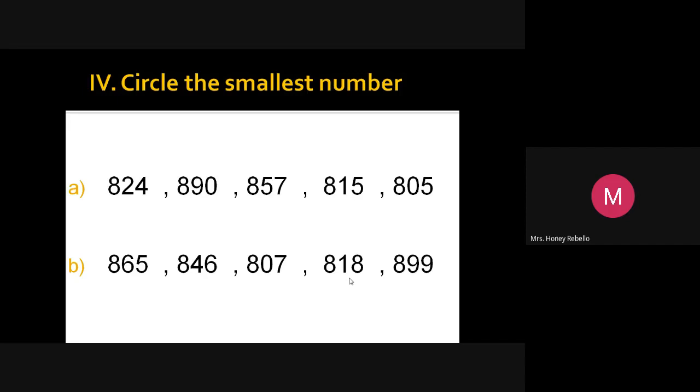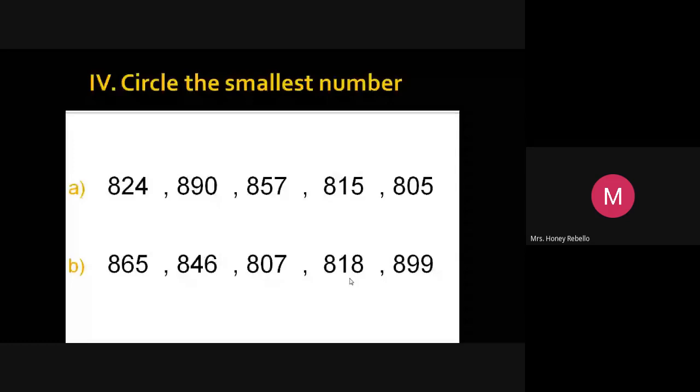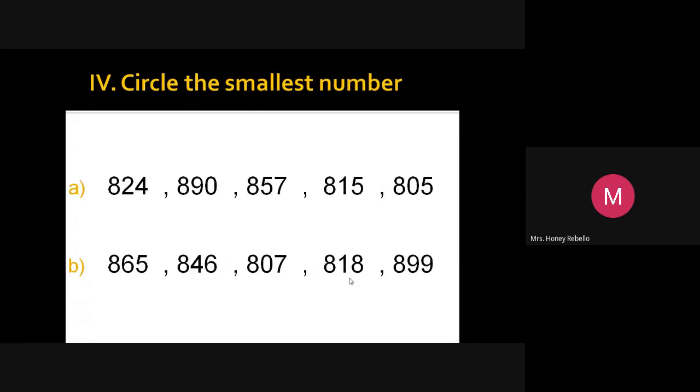Now write, leave a square, write letter A in the margin. First number in your first column, 824. Leave a square, 890. 857.